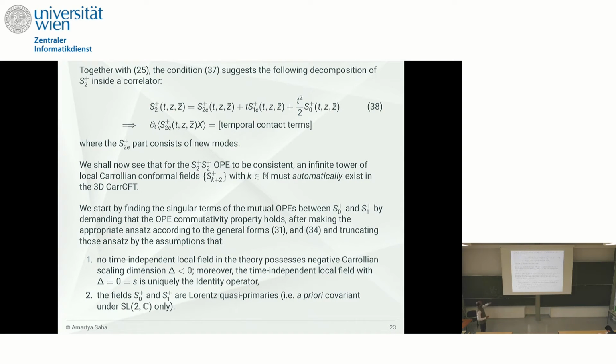Now we shall see that when we are trying to construct the S2 plus OP, we will need an infinite tower of local Carrollian conformal fields like S plus 3, S plus 4, all this kind of infinite tower. So they must automatically exist in our Carrollian conformal field theory if this S2 plus OP is needed to be consistent. Okay, so let us start.